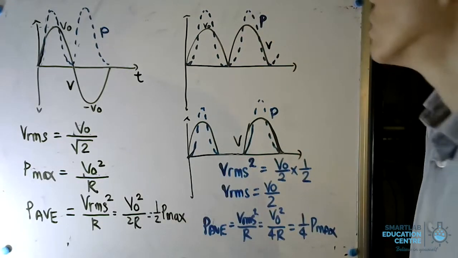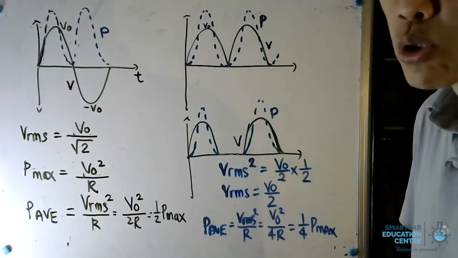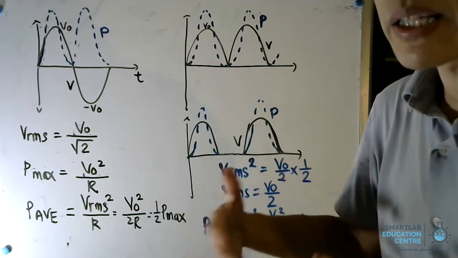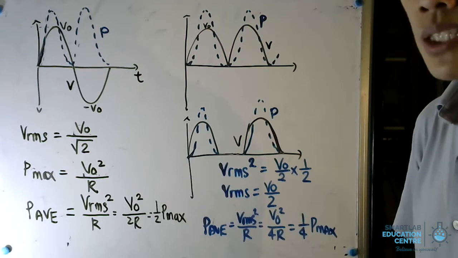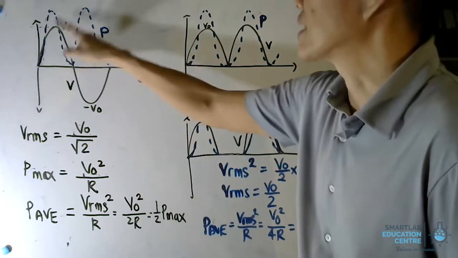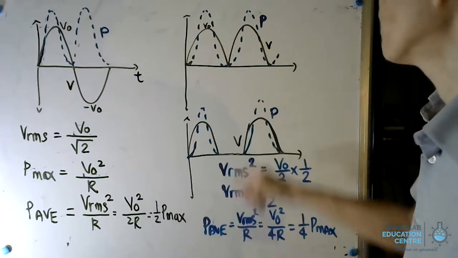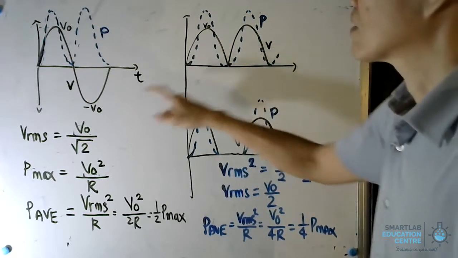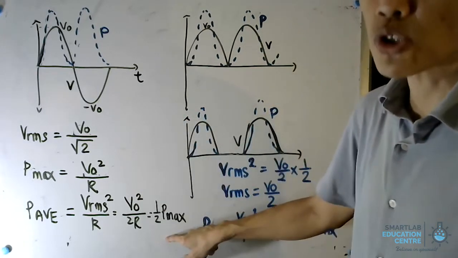Let's take a look at what happens if you are able to fully rectify the AC current, and later we'll show you how we can do that using a diode. When you fully rectify an AC current, you'll find that the current all flows in the same direction, like depicted here. And we now know that all these formulas will still be the same.